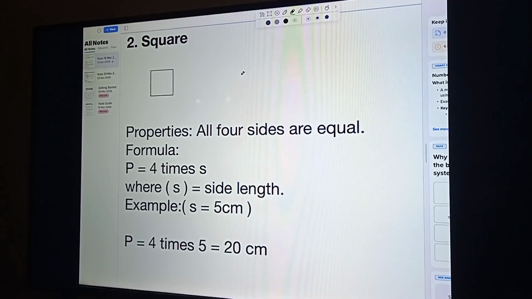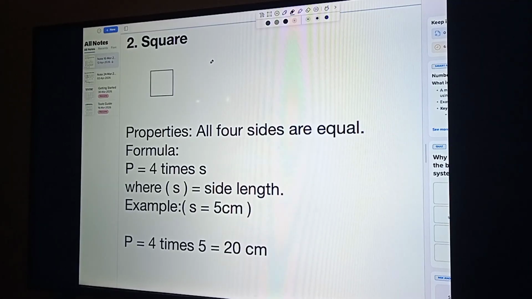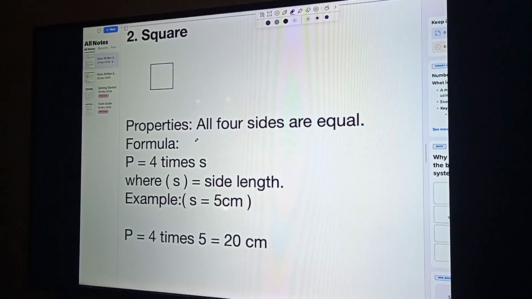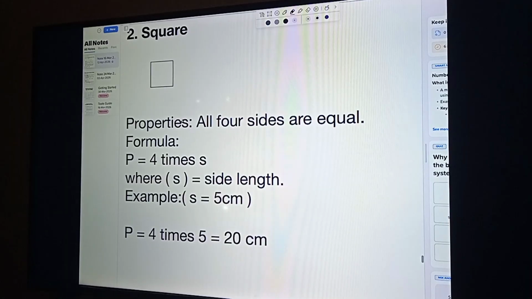For the perimeter calculation, our next 2D shape is a square. All four sides of any square are equal. The formula for the perimeter calculation of a square is 4 times s, where s is the side.